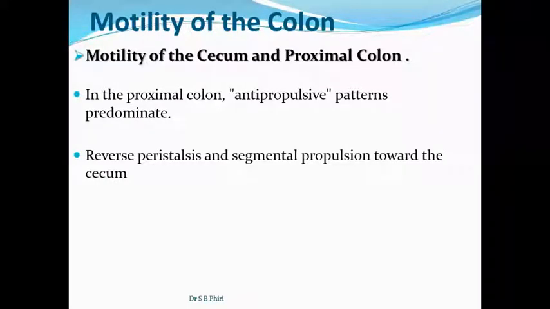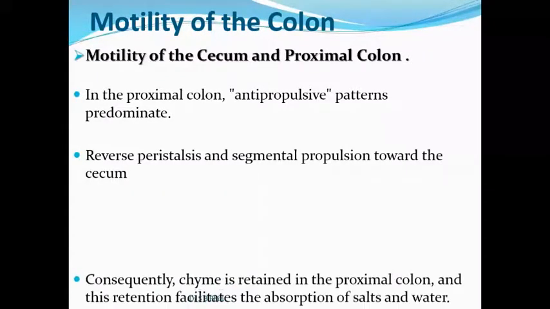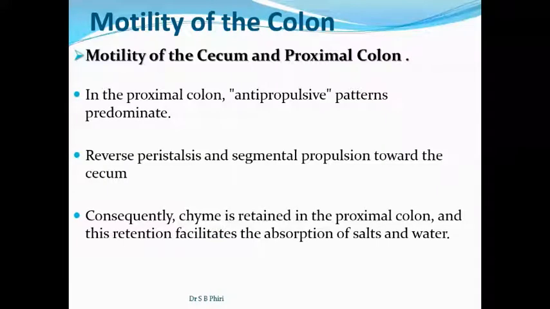So that tossing of chyme will provide enough time for the colon to absorb a lot of water. So water absorption and electrolytes absorption is taking place more in the proximal colon and part of the cecum. So this chyme is retained in the proximal colon, and this retention facilitates absorption of salts and water.